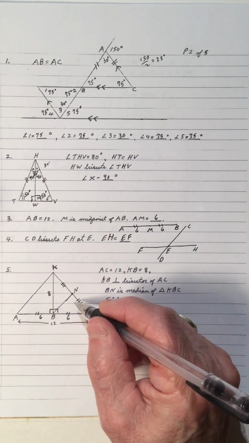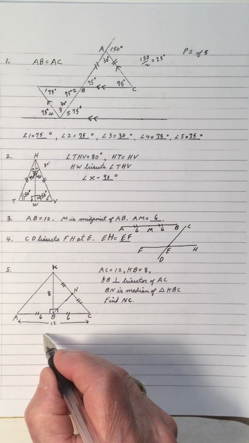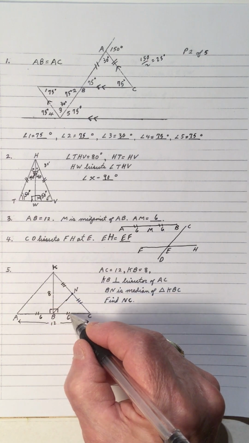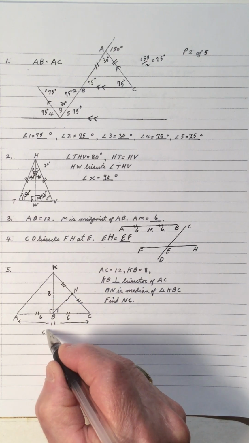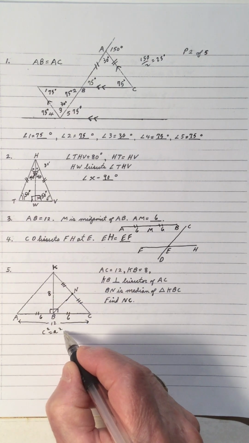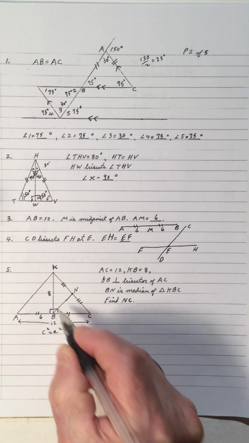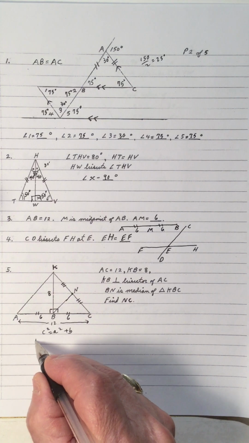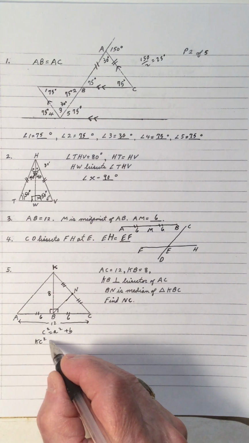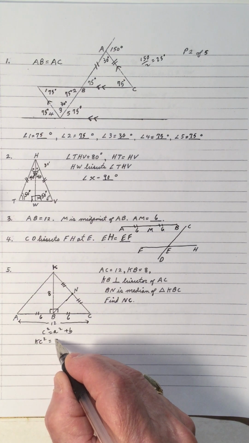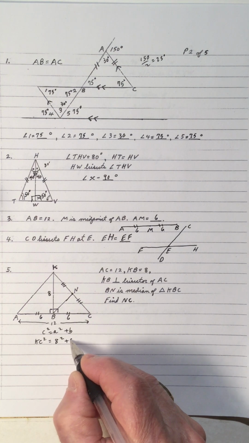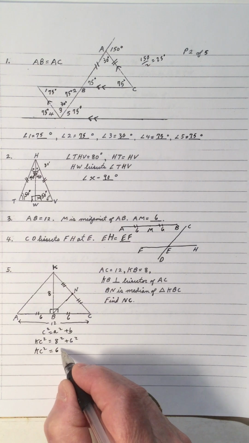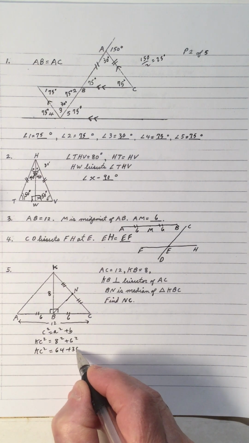Now, how do we get the length? Well, we have a right triangle. We got two sides. So c squared equals a squared plus b squared. Let's call this side KC. KC squared, a is 8, b is 6. So KC squared is 64 plus 36.